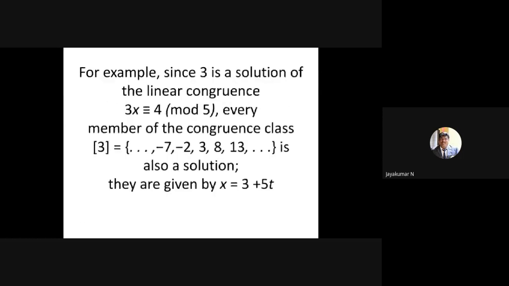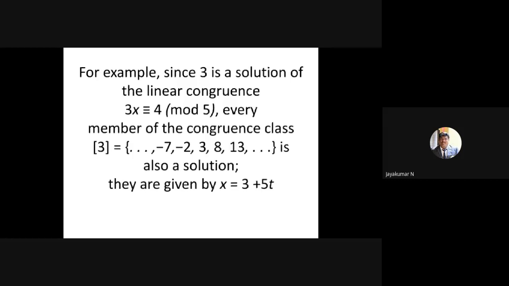For example, look at the linear congruence 3x congruent to 4 mod 5. Obviously when you put x equal to 3, 3 into 3 is 9, and 9 is congruent to 4 mod 5.